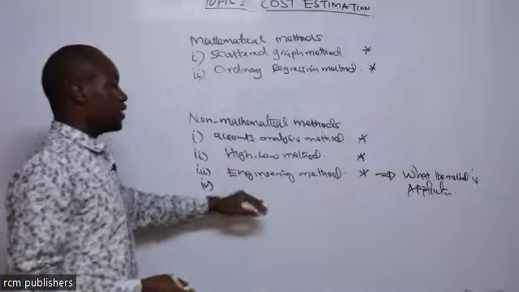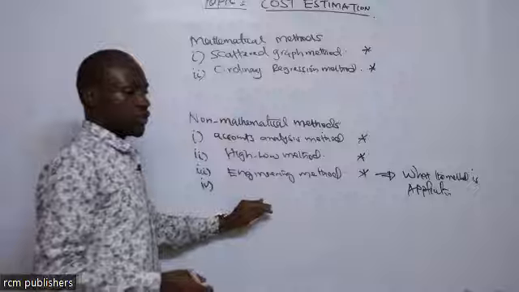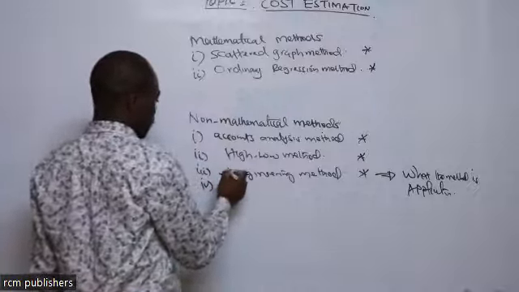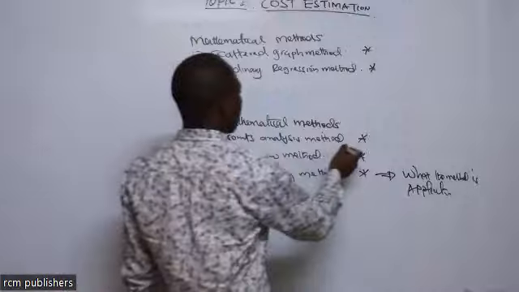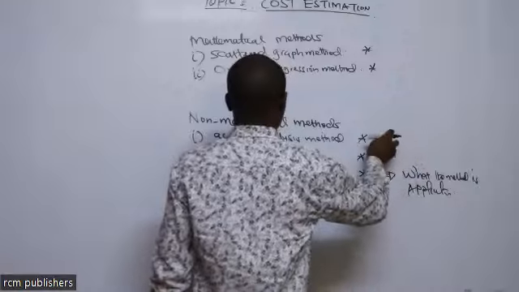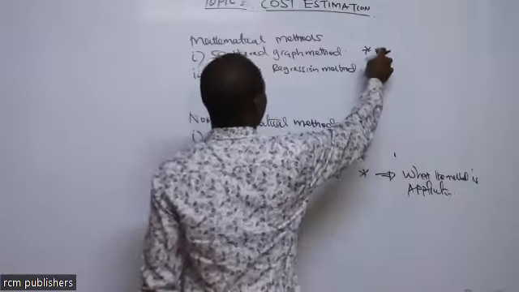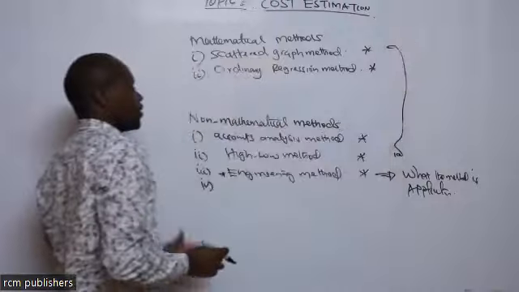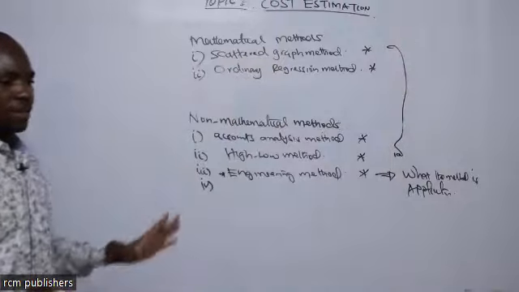Advantages and disadvantages or limitations are also basic things that you need to know about engineering methods. When I come to the ILO method, just know the advantage and the disadvantage, and also this, and these other ones.